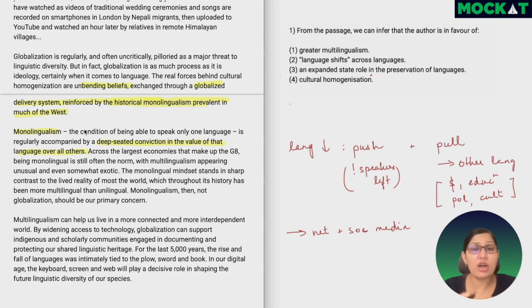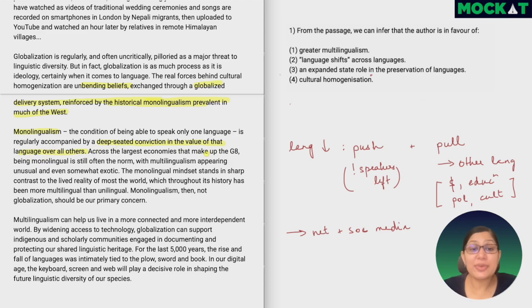They have this strong belief within themselves that that language is above all others. So anybody from an English-speaking country will think that English is the most important language, more important than other languages from Asia or any other part of the world. The same would happen for French or German and so on.